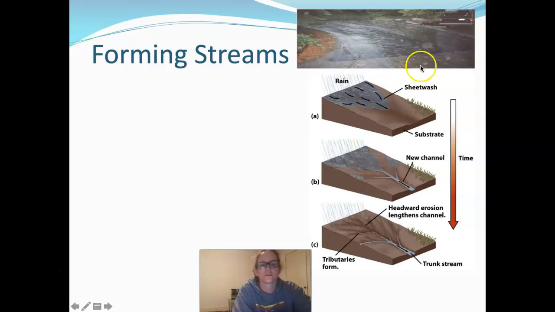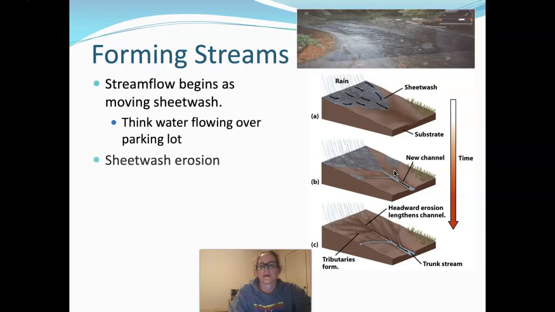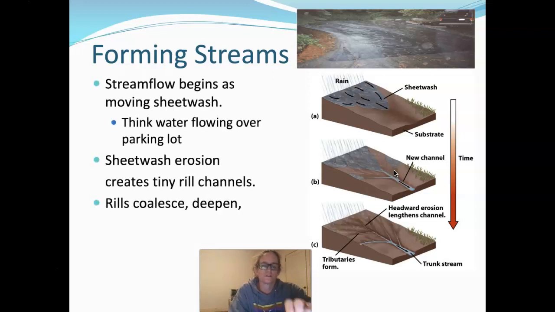Those channels then are going to form little places called rills. They're little tiny rill channels. The rills are going to come together to form a trunk stream over time. So sheet wash becomes tiny little rills, becomes tributaries, becomes a trunk stream.